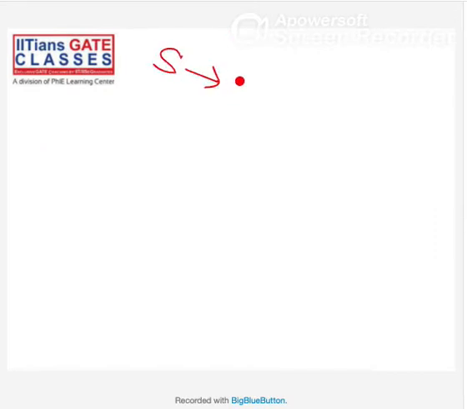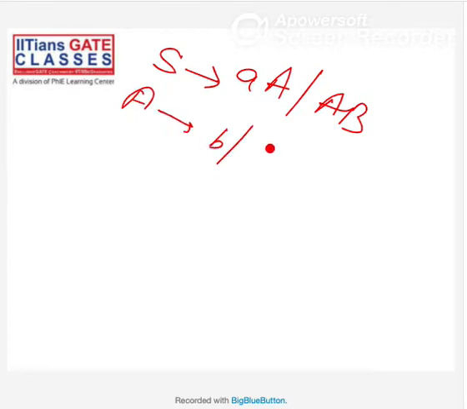Let's assume you have this grammar: S goes to AB, A goes to B | epsilon, and B goes to C | epsilon. In this grammar, first of all, you find all the nullable symbols.